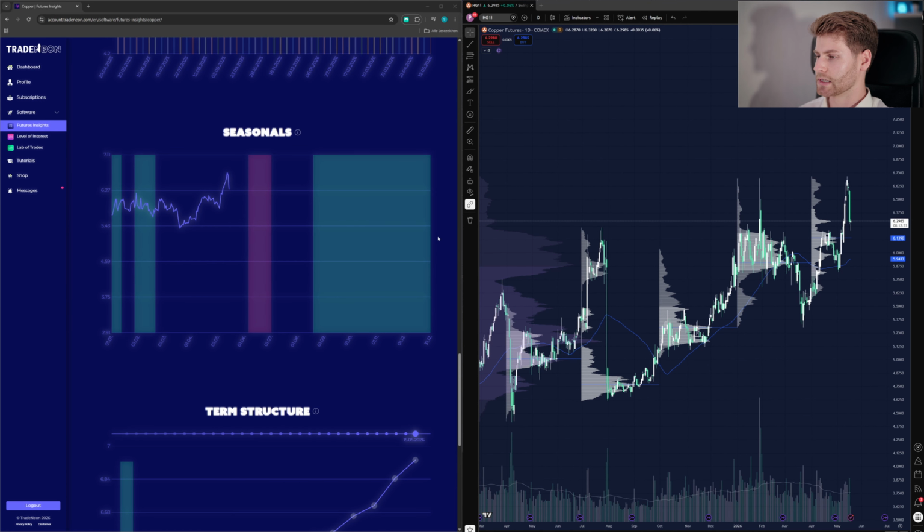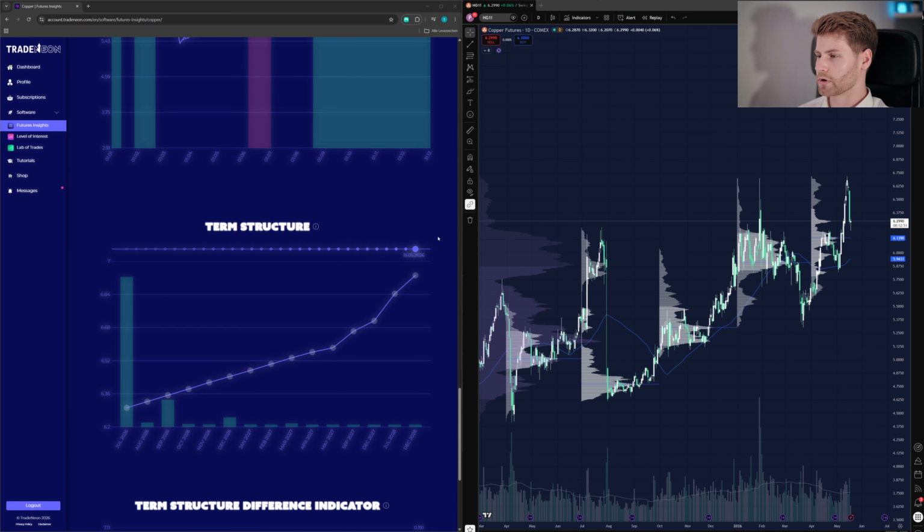And last but not least, let's have a look at the term structure for the copper future. And we can immediately see that we are currently in a contango state, which simply means that the future contracts that are further into the future, so further to expire, become more pricey, as for example, storage costs are being priced in. And this is our normal state.